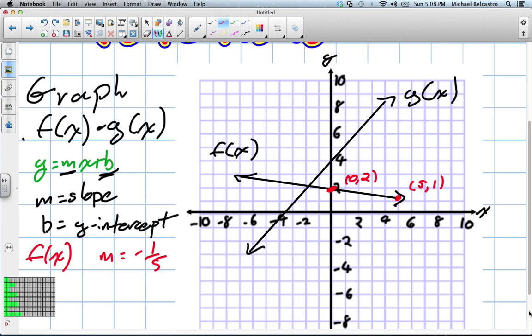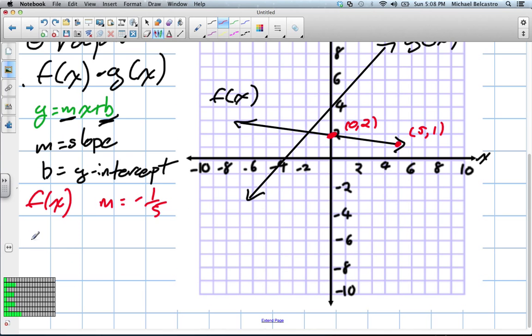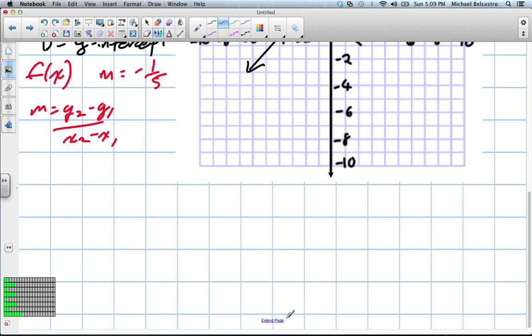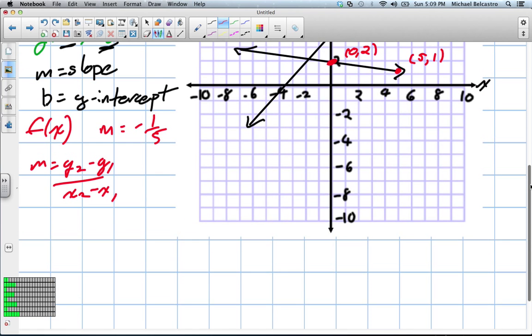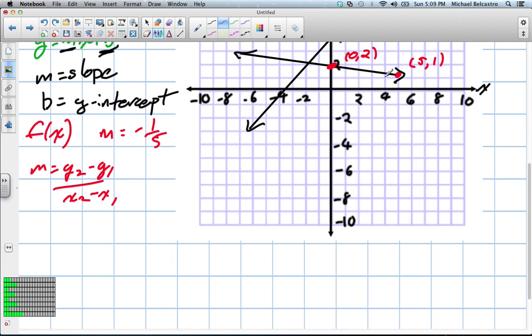A quick way we could have found that is we take the two coordinates. So m is equal to y2 minus y1 over x2 minus x1, which is exactly what we're going to do for average rate of change next. We'll call this coordinate 2 and this coordinate 1.